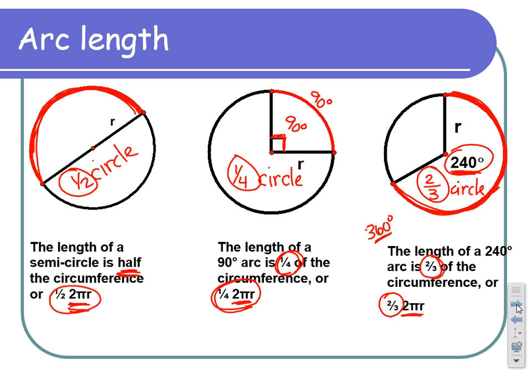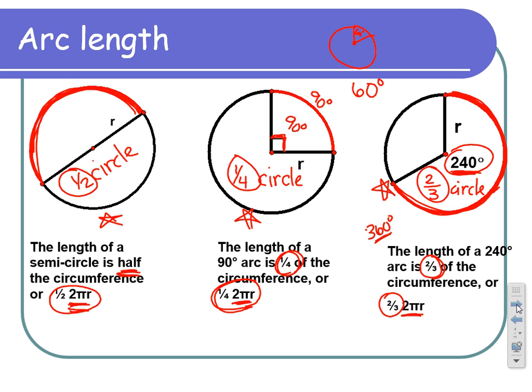So the big question here is how do we get this fraction? These three examples were fairly easy to be able to just look at the diagram and see what fraction of the circle I was working with. But they're not always going to be that easy. For instance, what if I have a 60-degree central angle? What fraction am I working with there?